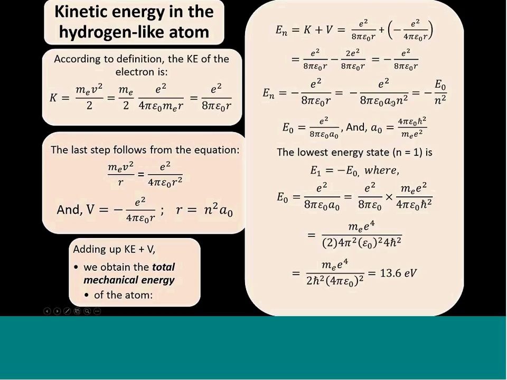Kalau samakan, kita dapat E no sebagai E kuasa 2 per 8 pi E no A no. Okay, dibagi adalah nilai ni. The lowest energy state N equal to 1 adalah E1 equal to negative E no. E no equal to E kuasa 2 dengan 8 pi E no A no.